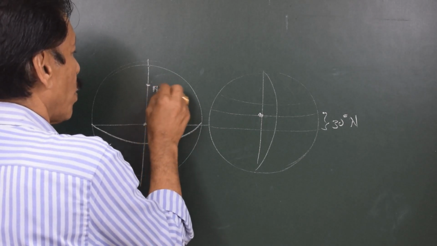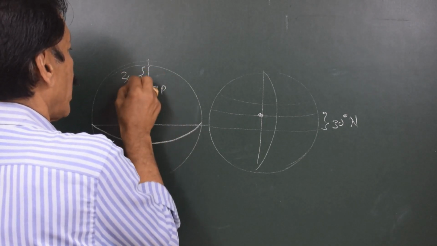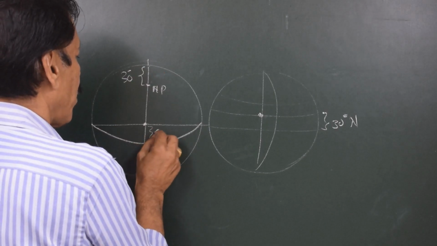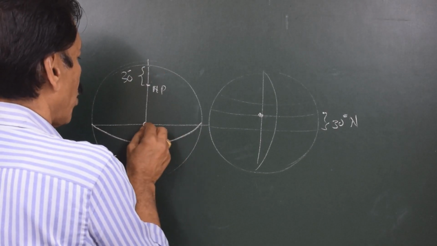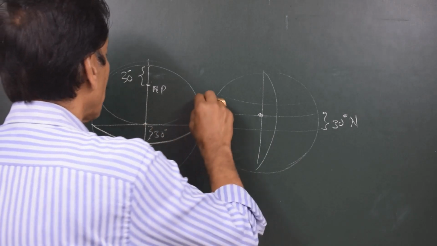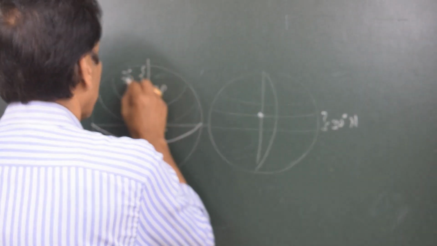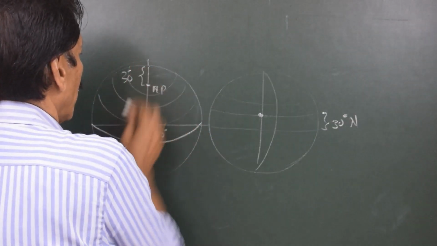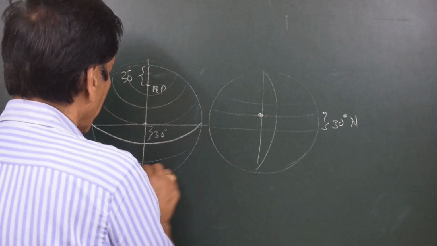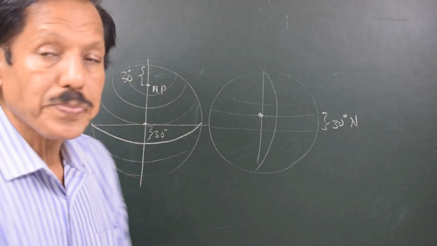So it is north pole. 30 degrees can be seen here, 30 degrees can be seen here, and the observer comes here. The parallels of latitude would appear like this, right? So the diagram gets modified.